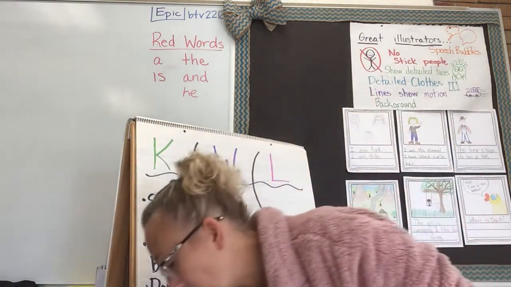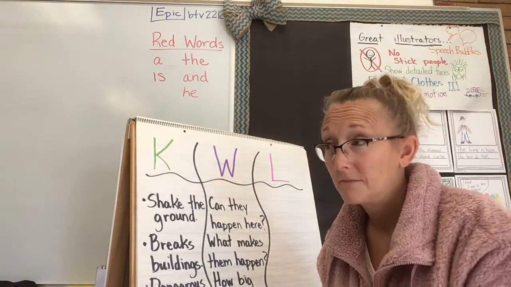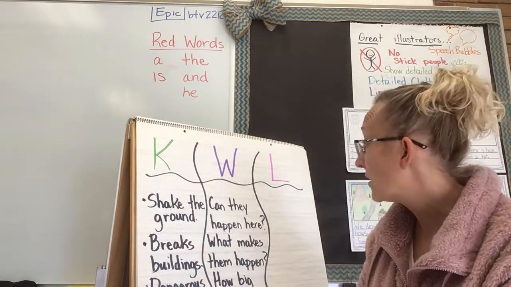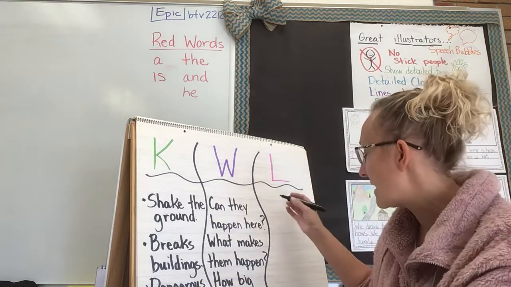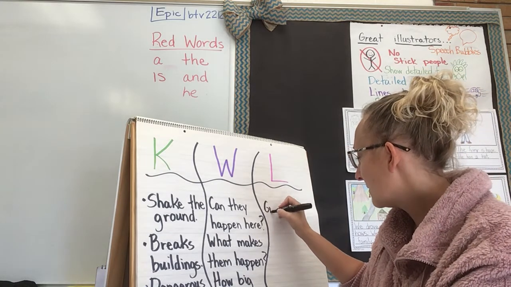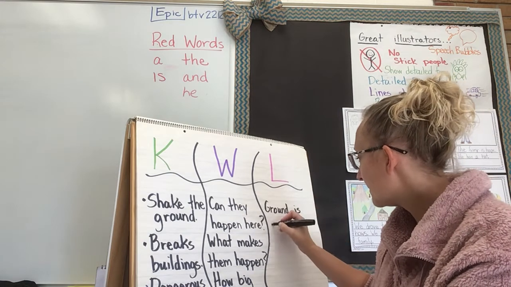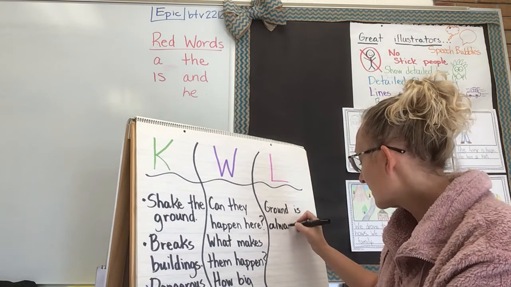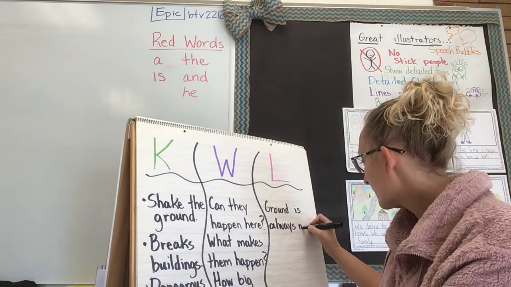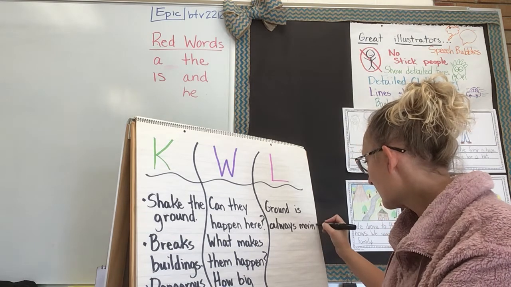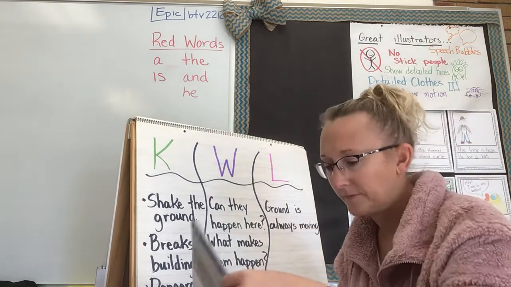So I do want to write that down because they talked about that for like 3 pages. So for what I learned, I'm going to say that the ground is always moving. Yeah, that's kind of crazy.